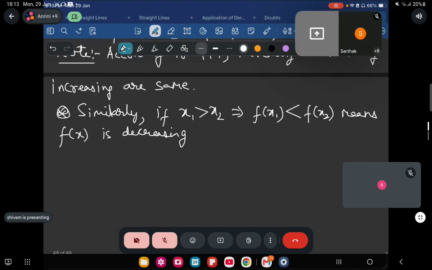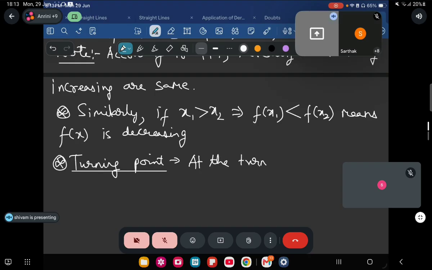Next, there are some definitions which you people should remember. Turning point. What is the meaning of turning point?